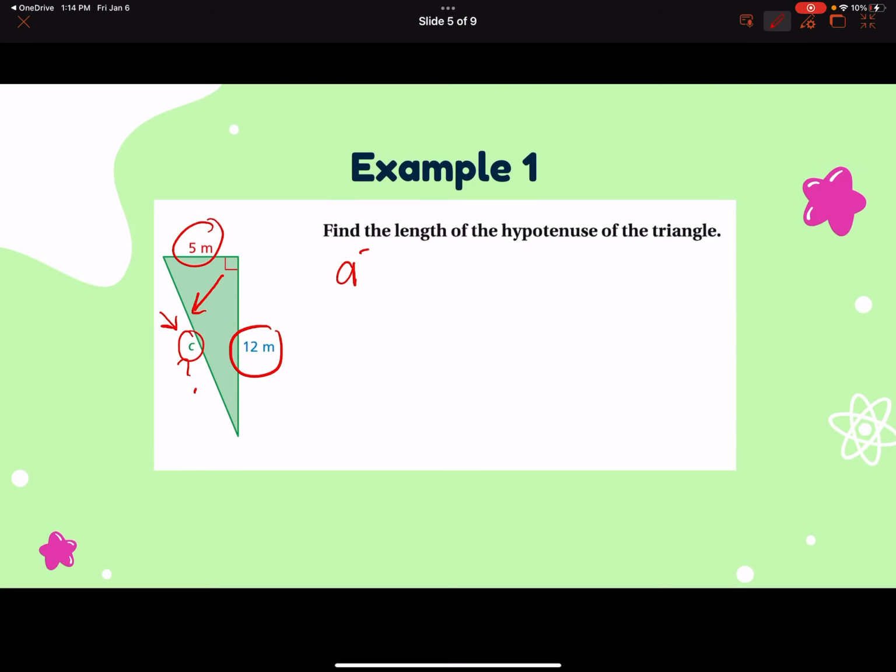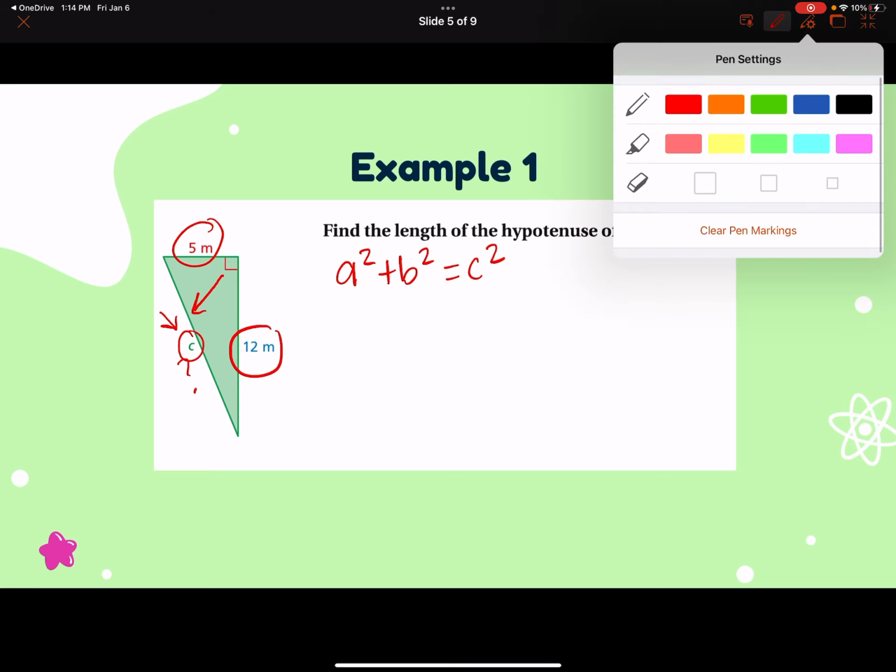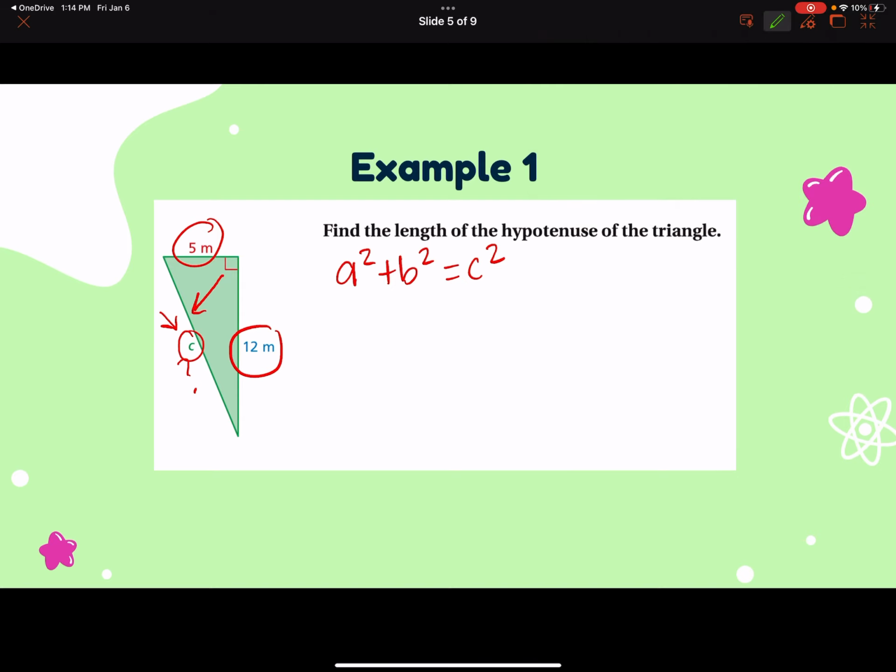So if I write a squared plus b squared equals c squared, as long as you get a in the right spot, as long as you get c in the right spot, the other two don't matter. So c is what I'm looking for. That means these two legs are a and b, and it does not matter which one is which.